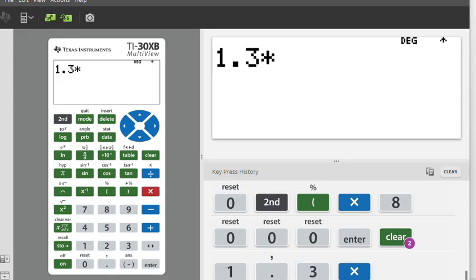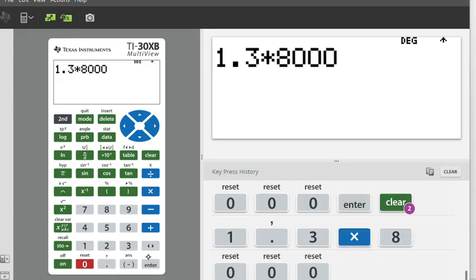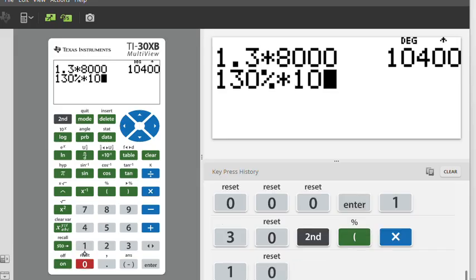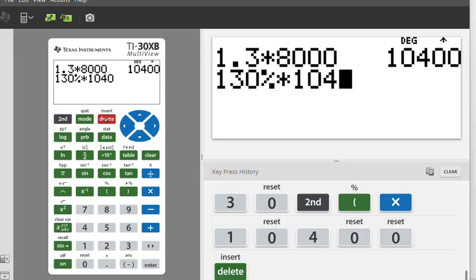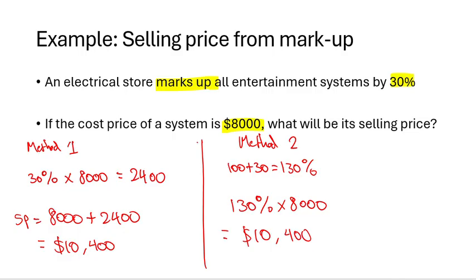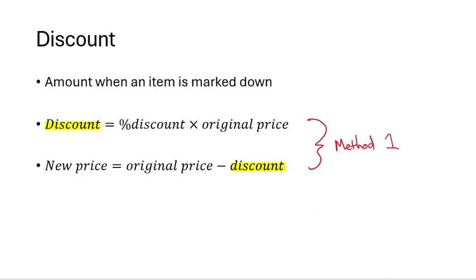I could have converted the percentage to a decimal. Or I could have just written 130% times 8,000. Same answer. So those are the differences between the two methods. Hopefully people steer towards method two, but if method one is more your fancy, stick with it, okay?